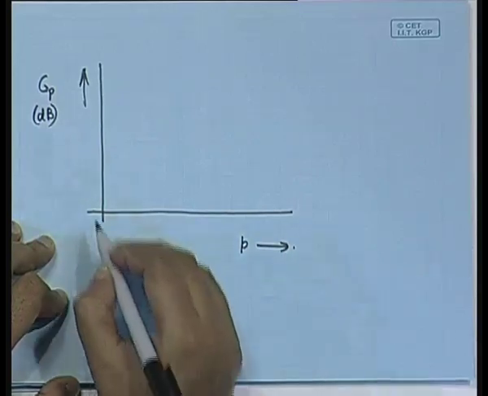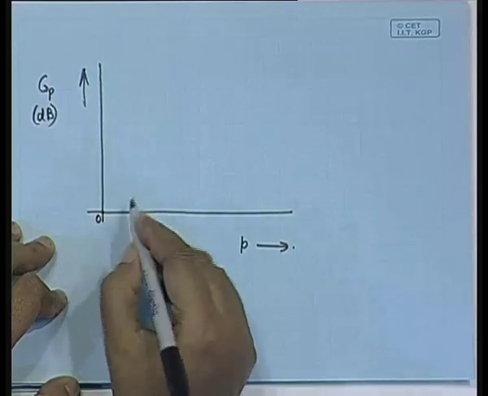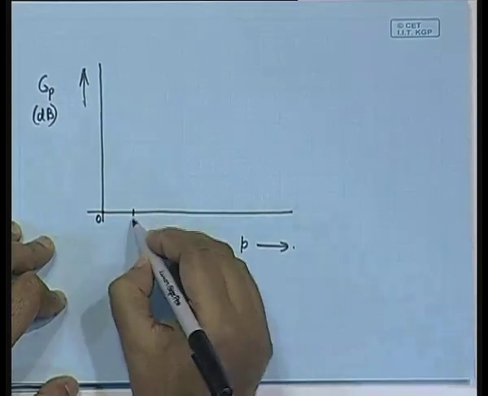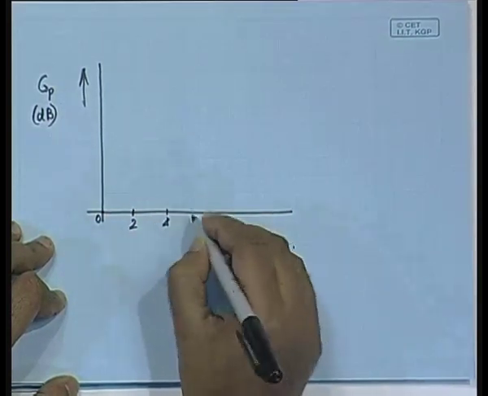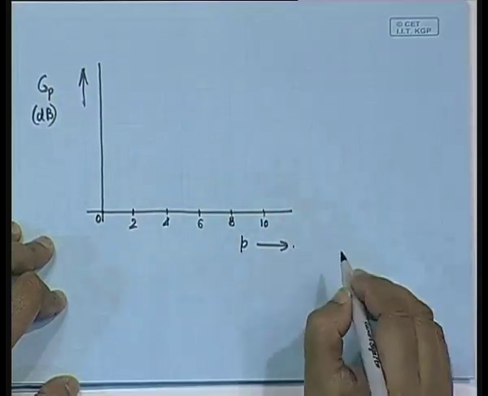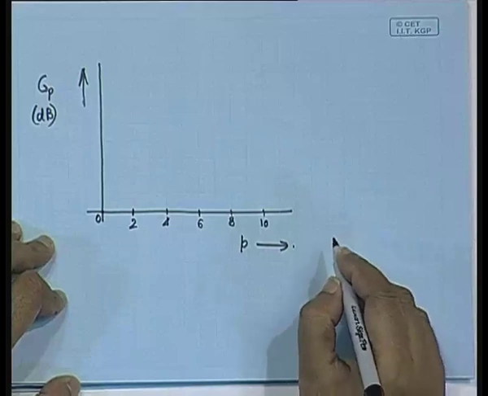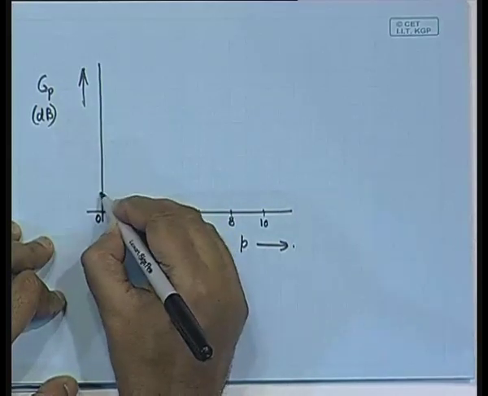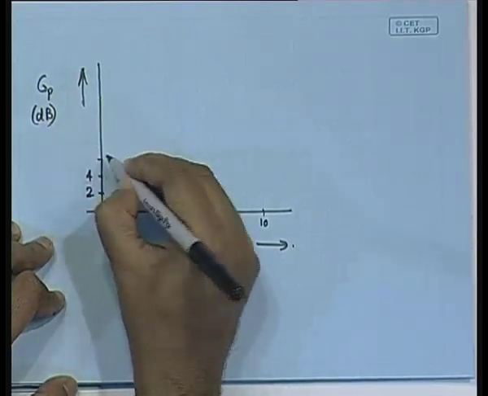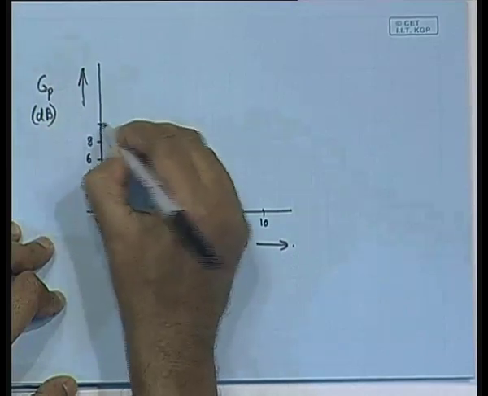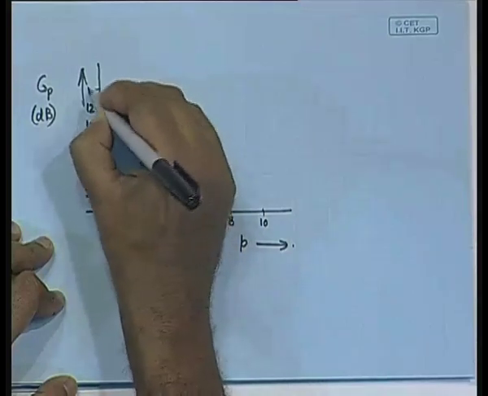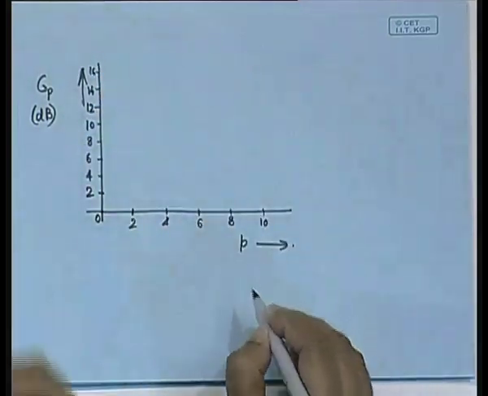So, the number of coefficients, one can have this as 0. Definitely 0 is a very hypothetical case, but 2, 4, 6, 8, 10 like this. These are the numbers of coefficients, and the predictor gain we plot as 2 dB, 4 dB, 6, 8, 10, 12, 14, 16 and so on.